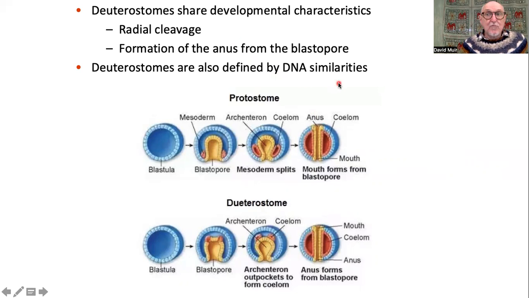The next really important thing is that the deuterostomes show similarities of DNA sequence, which link them together and distinguish them from all of the protostomes. Here's the protostome development. Here is the deuterostome development. Please make sure that you understand these and have them memorized.